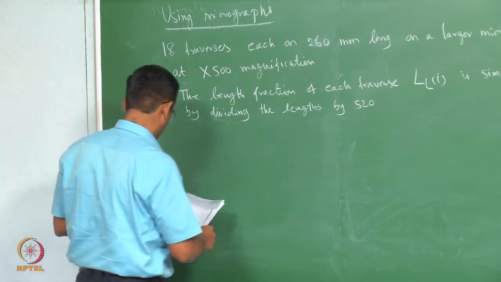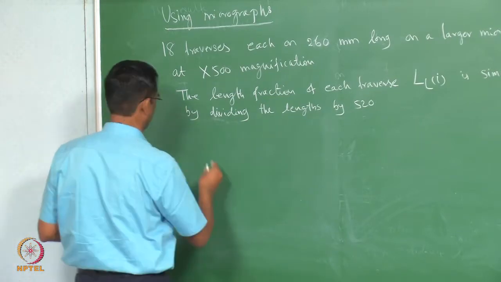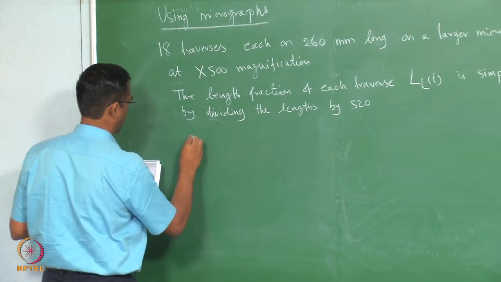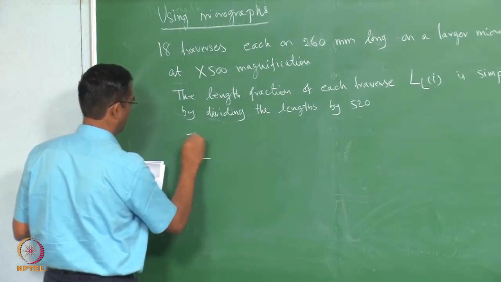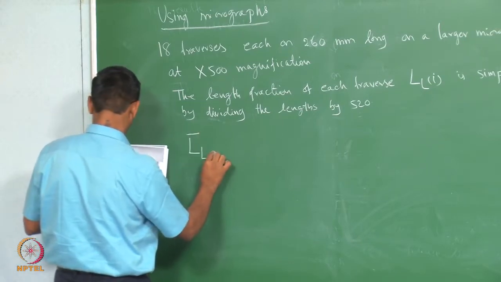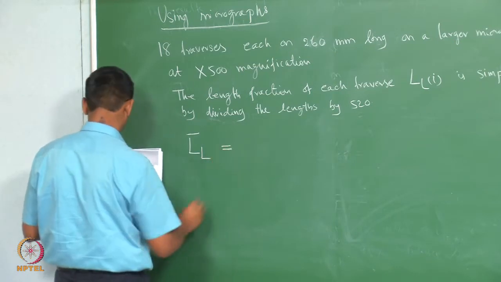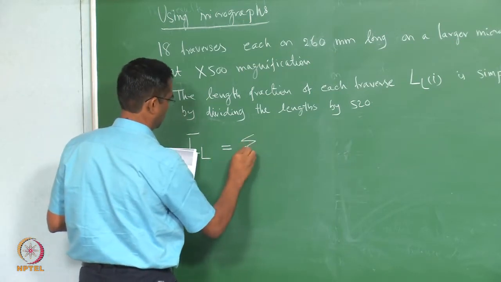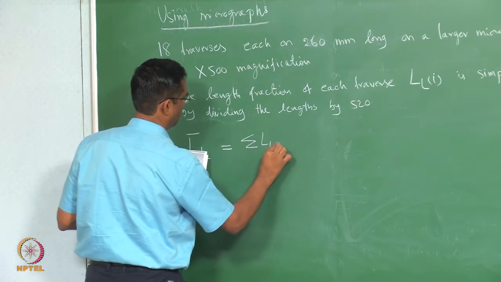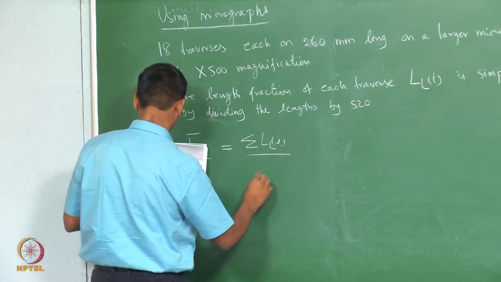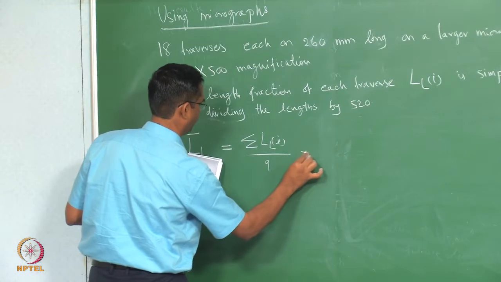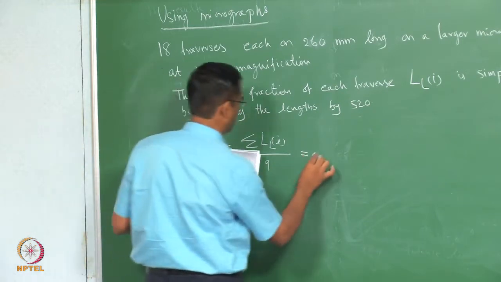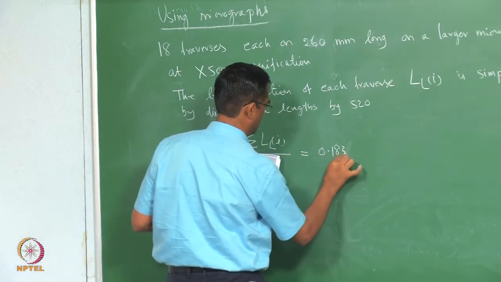If you substitute these values, we are interested in obtaining the average length fraction, LL bar, which is the summation of LLi divided by 9.